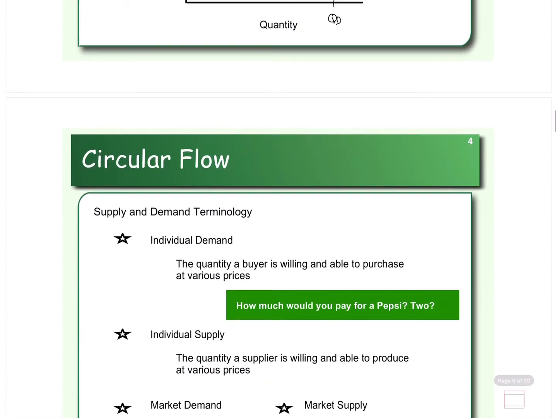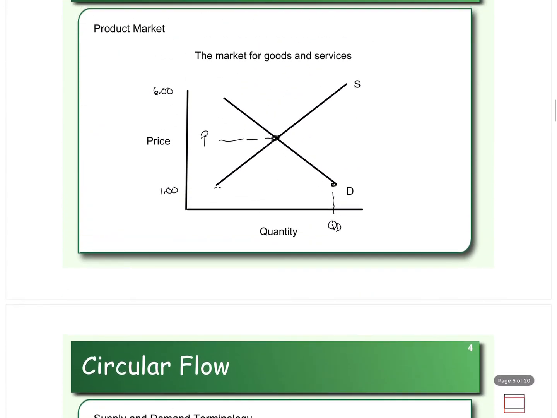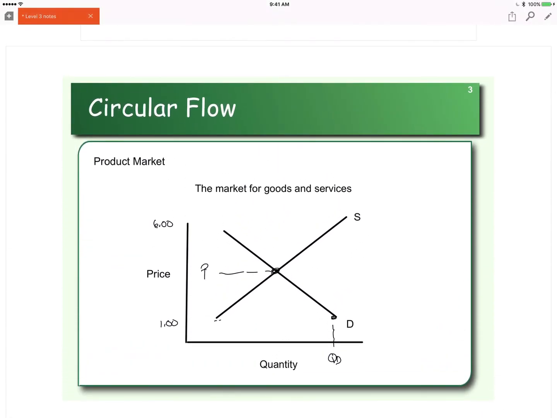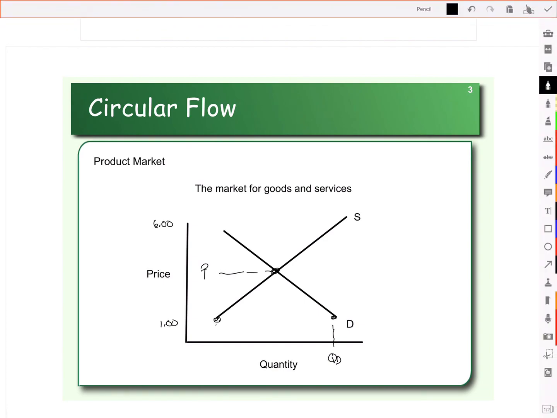Here we go. We lost our pencil for a second. Here is quantity supplied. So what we see is that quantity demanded is more than quantity supplied. Customers want more at $1 than businesses are willing to sell. So there's a shortage. And that shortage means that people are fighting over the last Pepsi at the store. And whenever there's a shortage, it drives the price up.